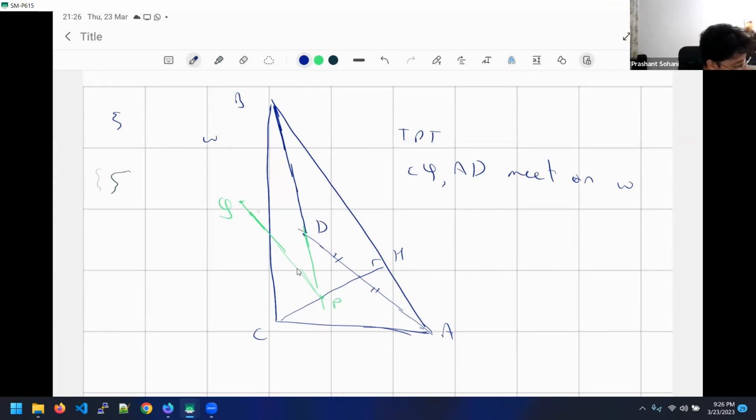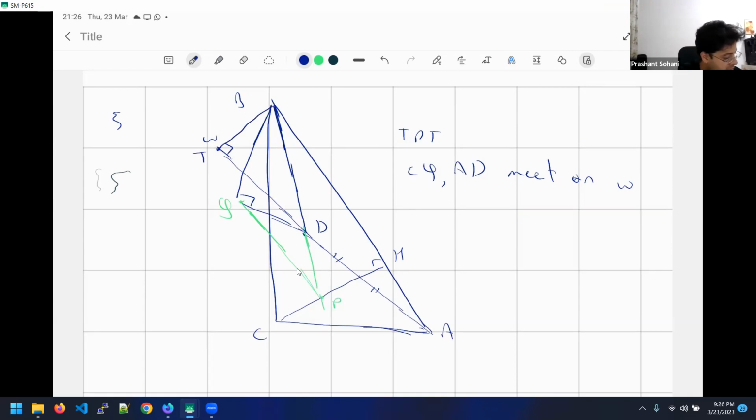Instead of drawing the whole thing, I can just draw this as a 90-degree angle. That is also sufficient. Clearly, whatever that point of intersection be, if we extend AD and let it meet this circle once again at some point T, then this is a 90-degree angle.